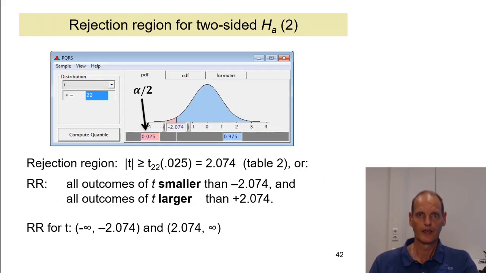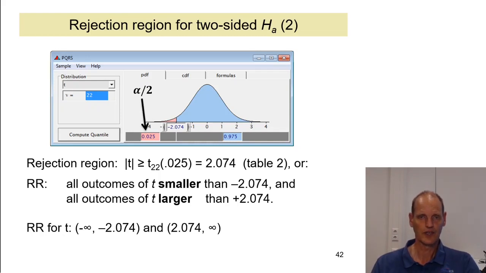For this particular case, we would reject the null hypothesis if t is strongly negative, so less than minus t22 0.025, all outcomes of t smaller than minus 2.074, as we can see here, this is the critical value, or values for t larger than plus 2.074.